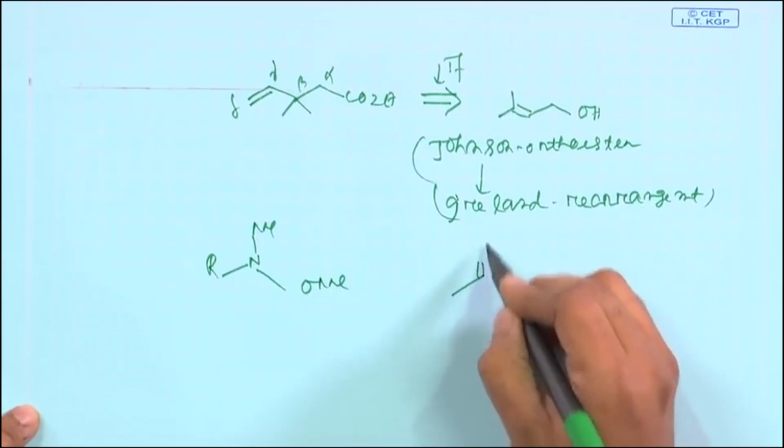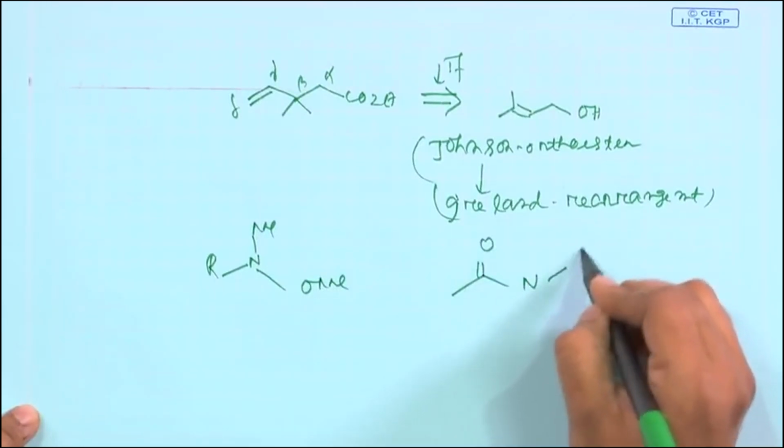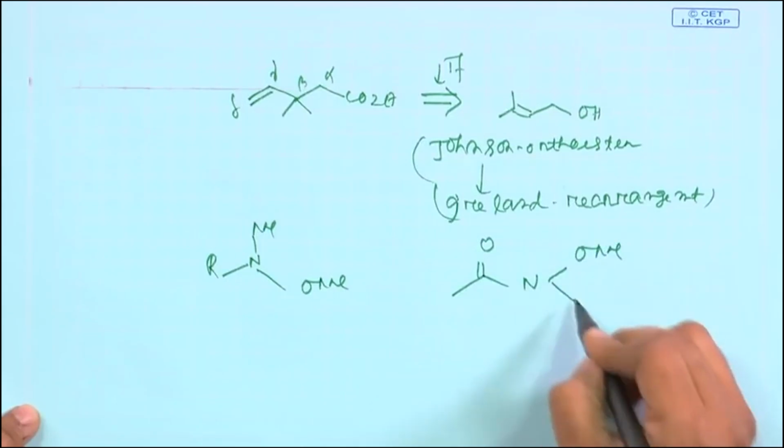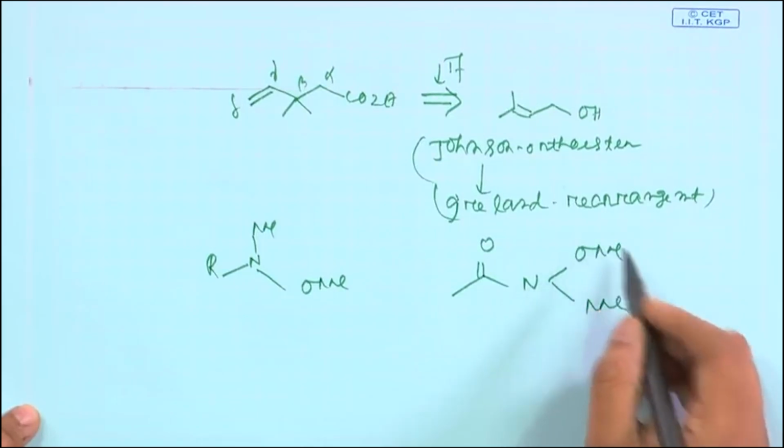So, if you have an amide like this with OMe, how does it help? It basically helps in chelation. So, the chelate is rock stable, it does not matter how many equivalents of nucleophile you add, the chelate will remain stable. Then you just quench it with the acid, you get the one equivalent addition of nucleophile.